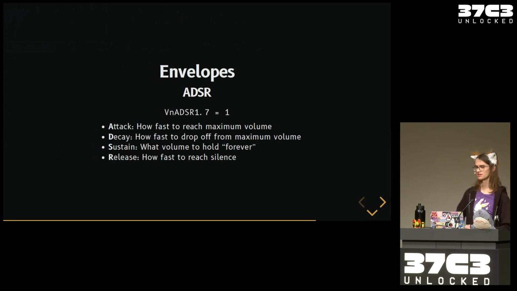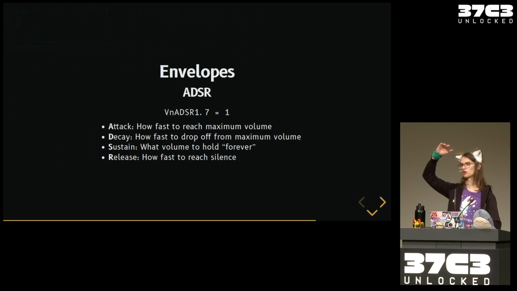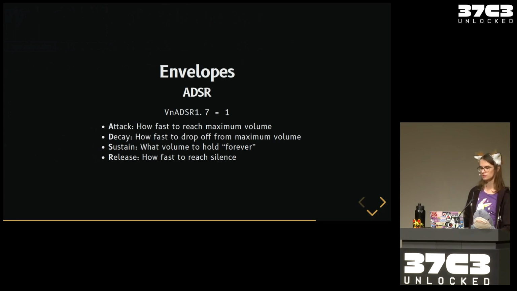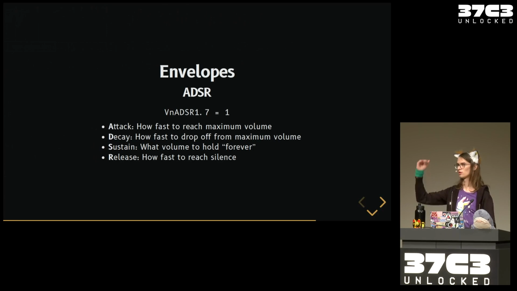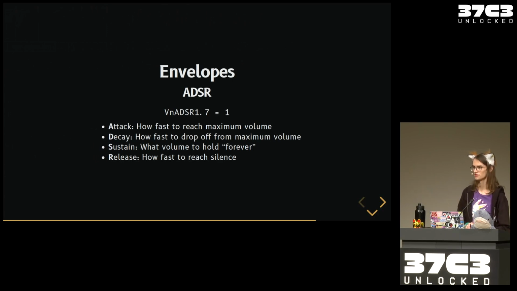Attack means how fast do we reach maximum volume once we start playing. Decay means how fast do we drop off from that maximum volume afterwards. Sustain means what volume do we want to hold effectively forever until we let go of the notes. And once we let go or stop playing, release determines how fast do we reach silence.